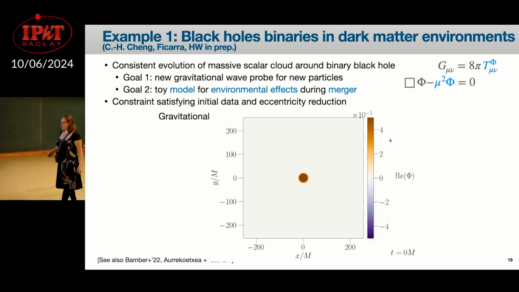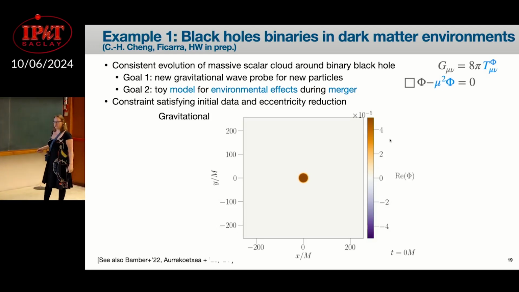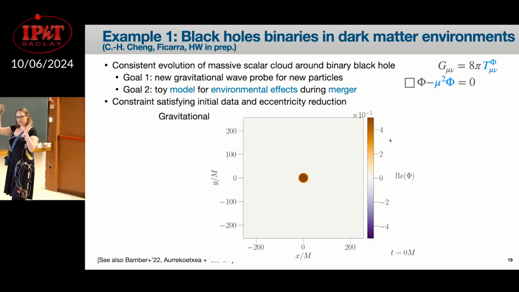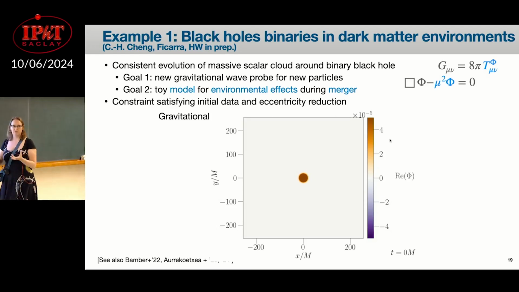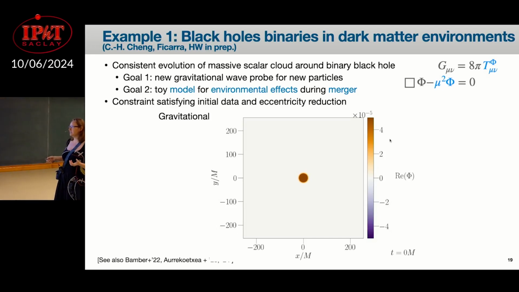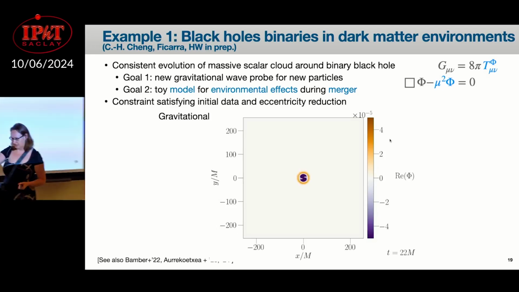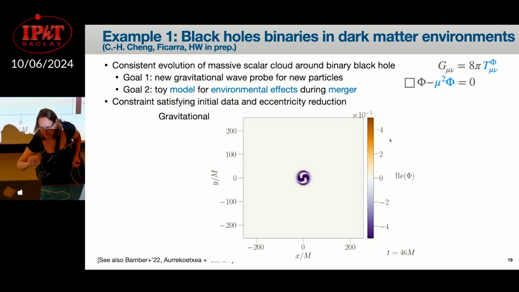Okay, so hence x in units of total mass M. And what we have here is a spherically symmetric Gaussian scalar field surrounding a binary black hole that's hidden beneath it. And I think I have to click here to let it go.